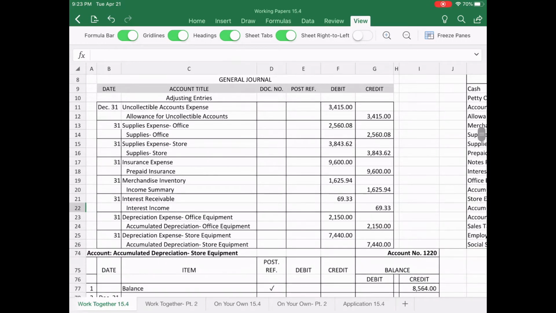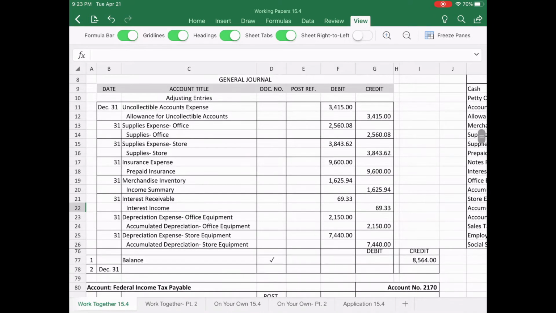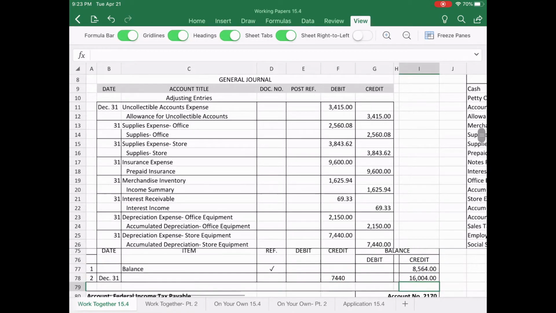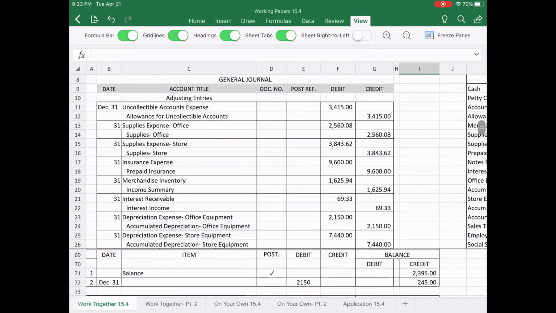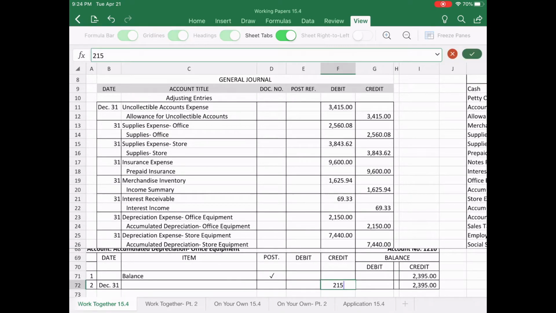Accumulated depreciation store equipment is, oh, I think I recorded that previous transaction wrong. Yeah, sorry. That goes here.